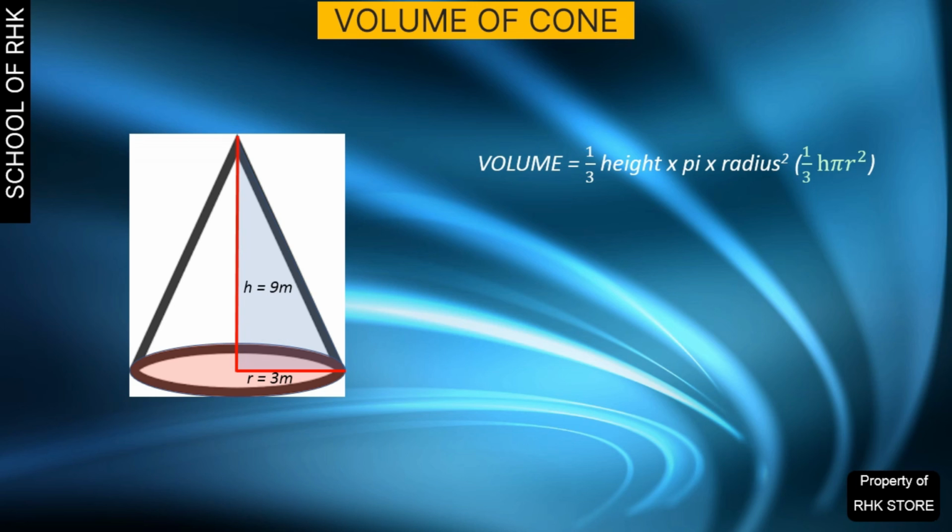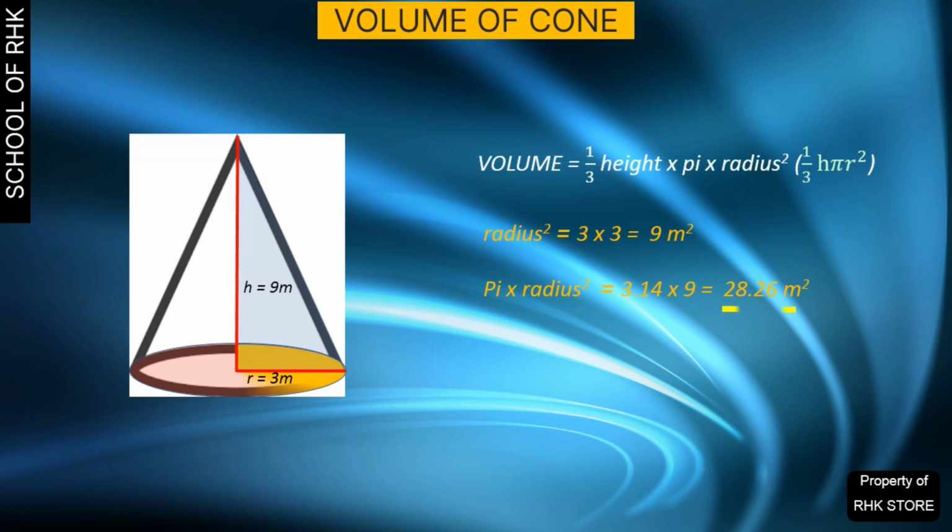meters. So first let's put the radius into the equation and square it. 3 meters multiplied by 3 meters is 9 square meters. Next we multiply that by pi. Again the natural number approximation, 3.14, and we get 28.26 square meters.